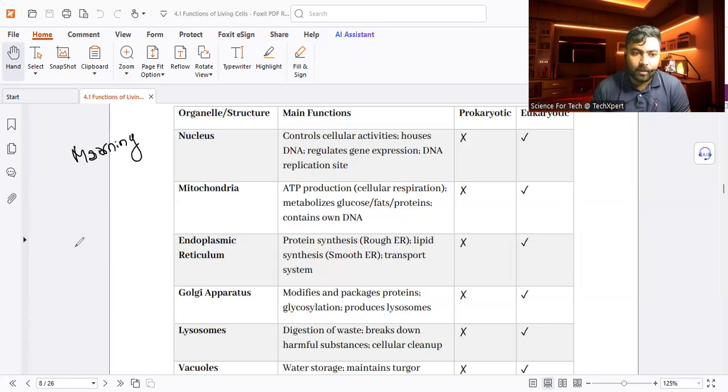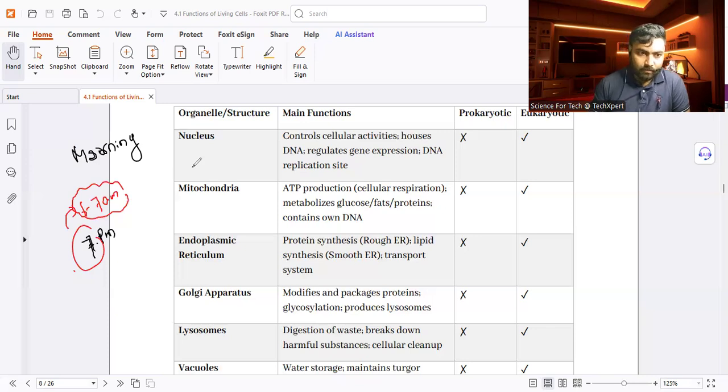That means if someone ate the last meal at 7 p.m., then by the next morning, around 6 to 7 a.m., all the glucose has been utilized for energy production. Then there is no more glucose in the blood.